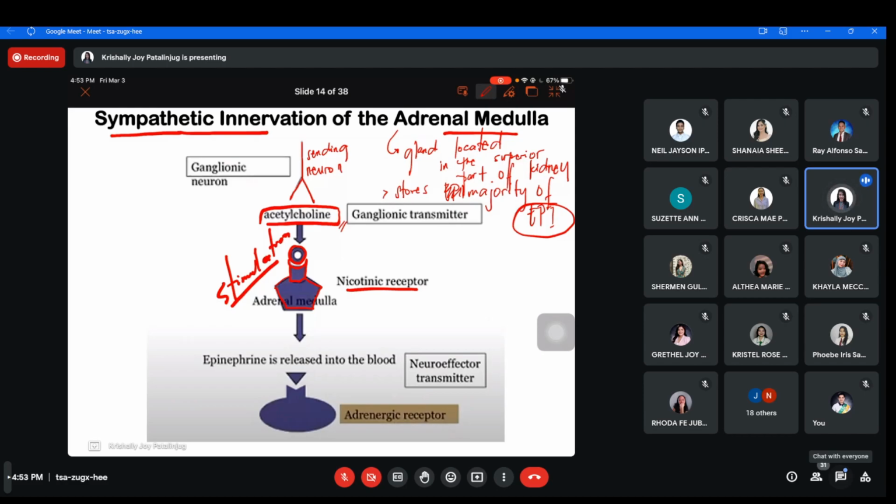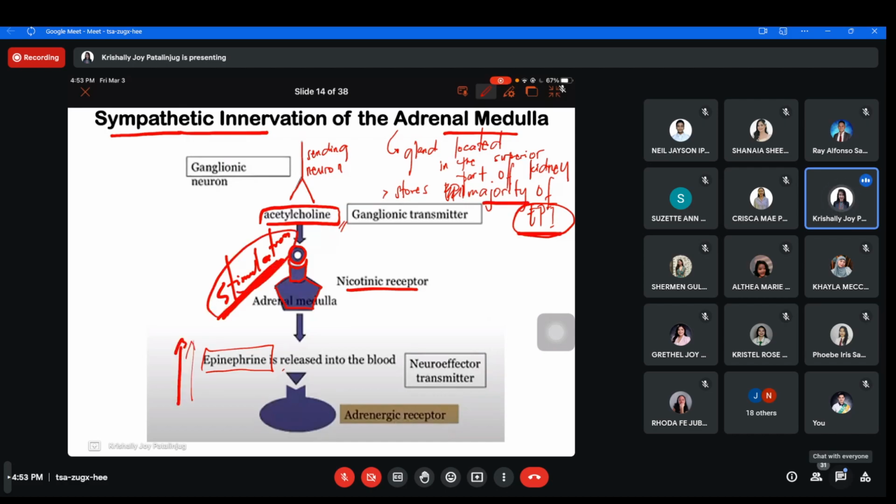Now, take note ha, once the epinephrine is released by the adrenal medulla, it will now be available for action. It will now be incorporated in the blood. Kasi di ba na-stimulate na siya, ano bang meron sa adrenal medulla? It stores majority of the epinephrine. Na-stimulate siya, so ang mangyayari, it will release more of that epinephrine.